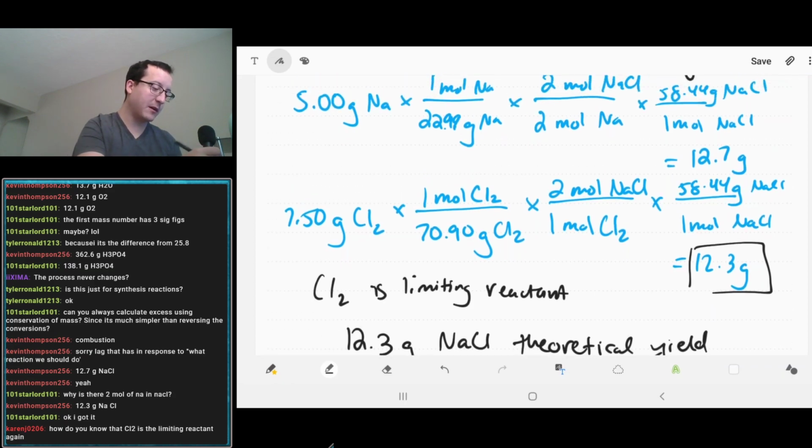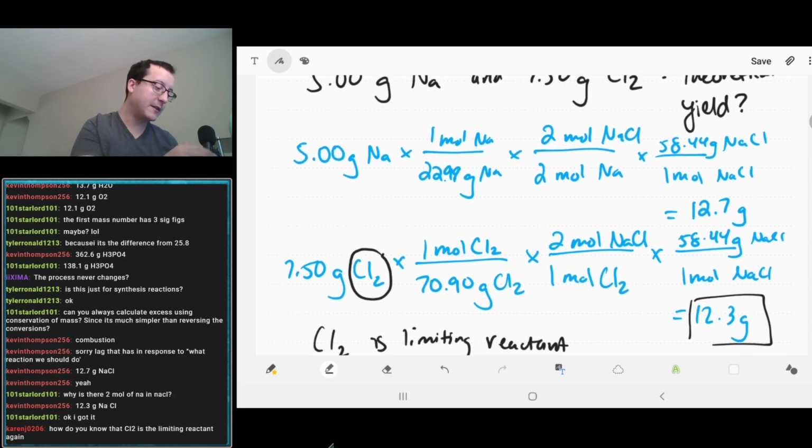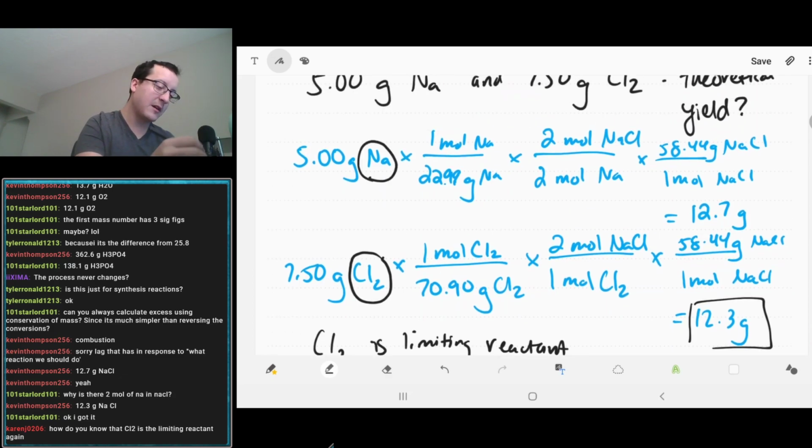So we started with chlorine, and we got the theoretical yield out of that one. The sodium that we would have started with ended up giving us excess. And so sodium is not going to be our limiting then. The reactant that gives you your theoretical yield, whatever you start with to get that theoretical yield, that's the one that's going to be limiting. Does that make sense, Karen?